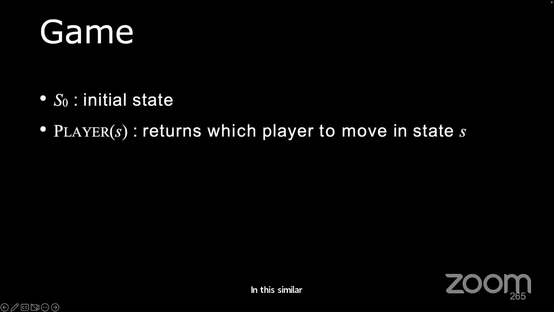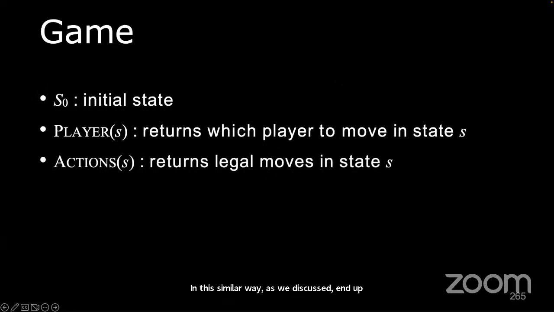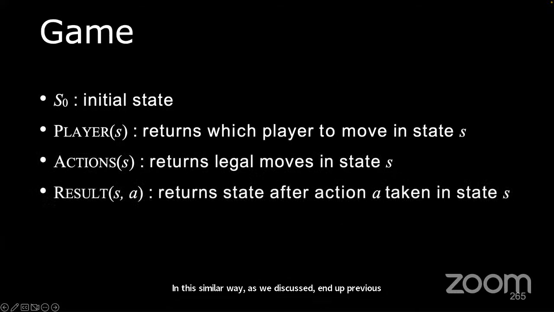In a similar way as we discussed in the previous topics, we need to convert the description of the algorithm in a way that a computer can understand. So here we also have an initial state. We will have a function known as player, which takes a state as input and returns which player needs to pick a move next.